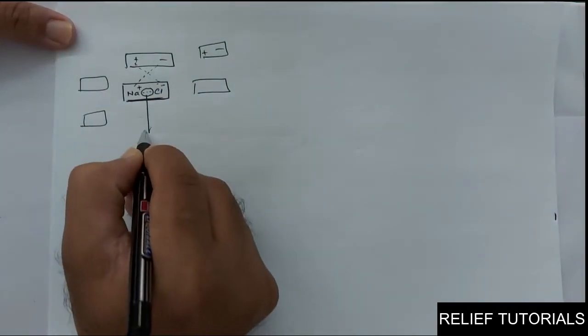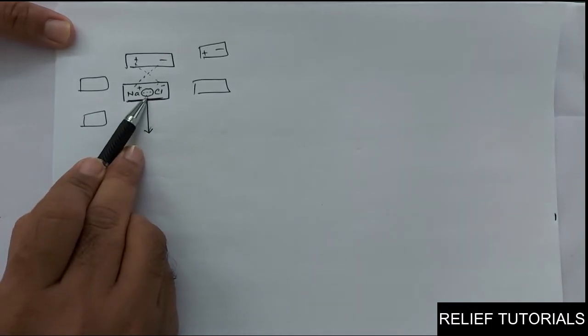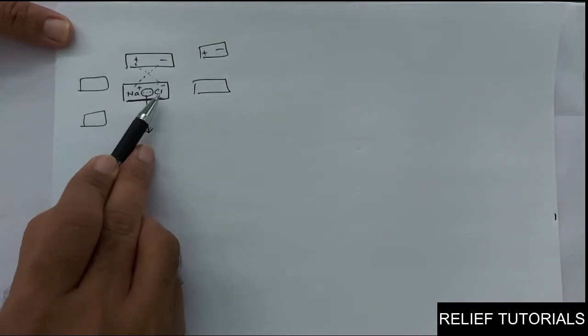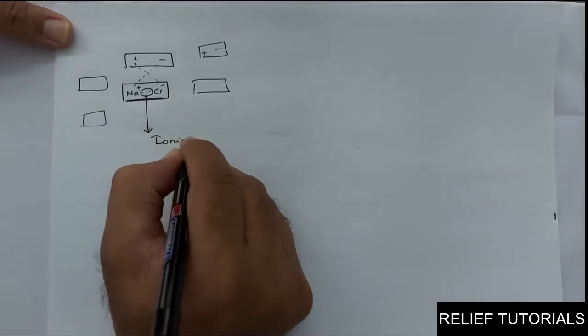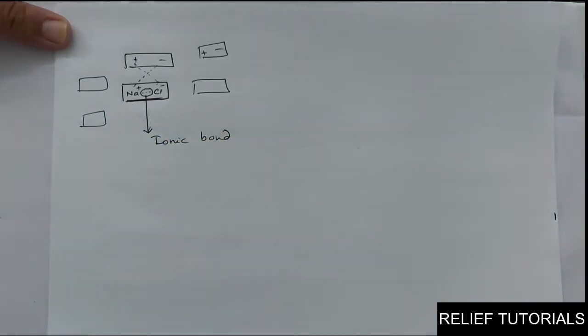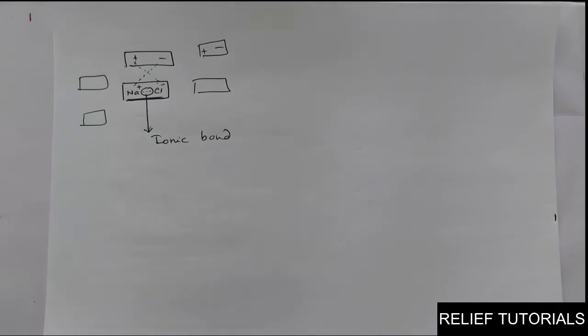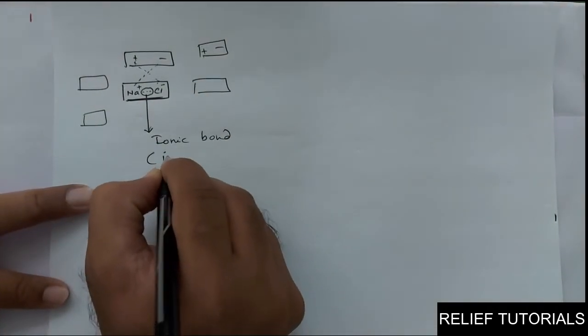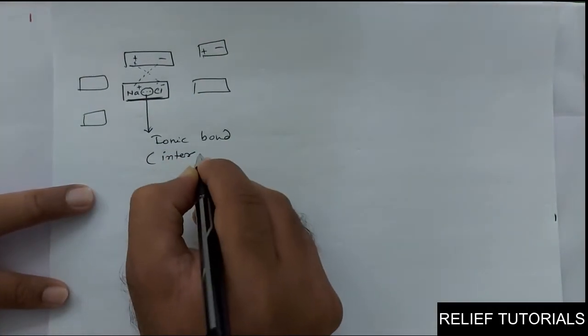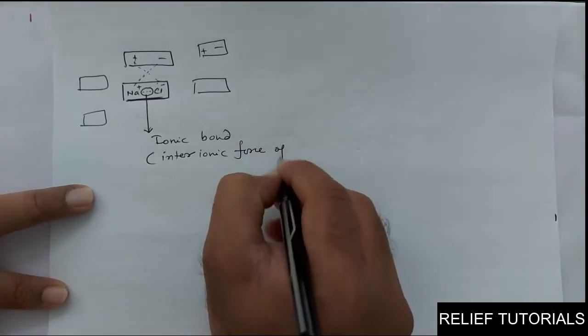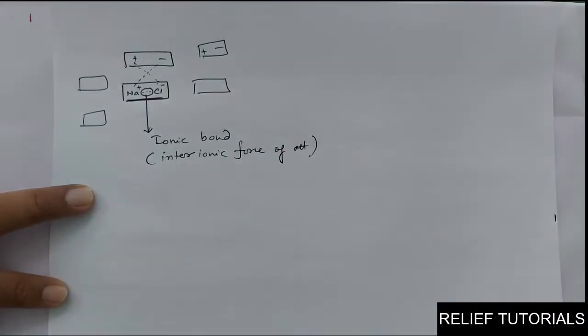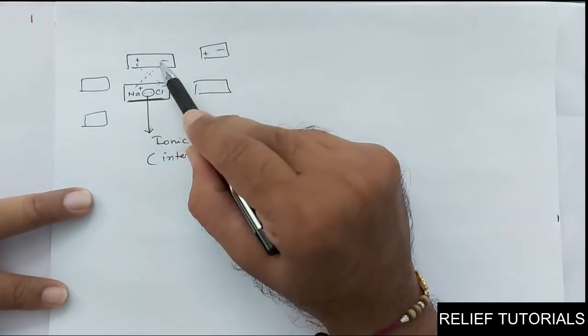Listen to me carefully: the force of attraction between one positive ion and negative ion of the same molecule is the ionic bond. This is the force of attraction between two ions. It is also called inter-ionic force of attraction.